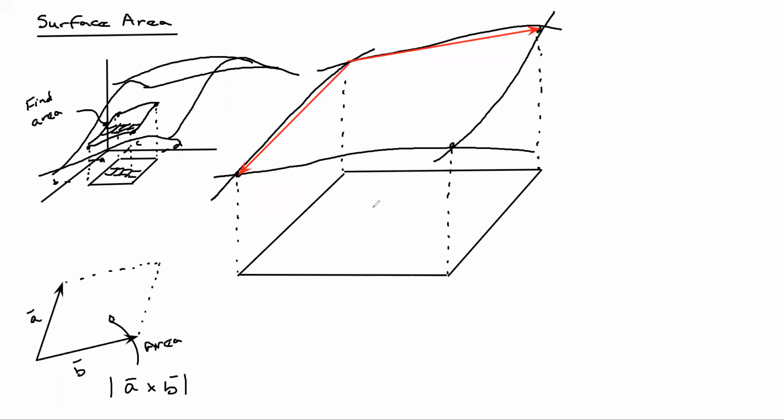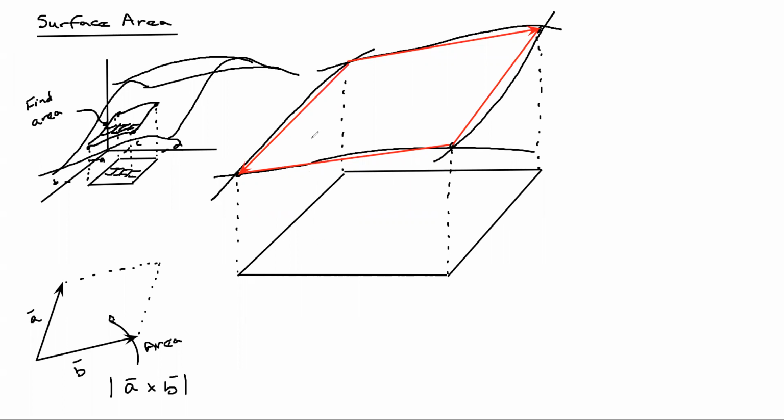And if we had those two vectors, then their cross product would get us roughly an approximation for the area for that piece there. Okay, so how could we do that? That's our next goal, to figure that out.